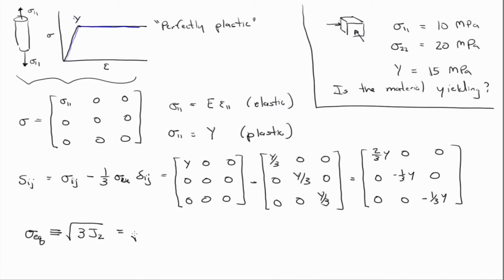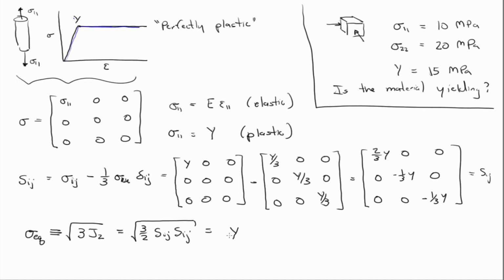And what is J2? It's 1/2 Sij Sij. So another way to write this would be that it's the square root of 3/2 Sij Sij. If we do the contraction and multiply by 3/2, what you'll see is that this becomes y.